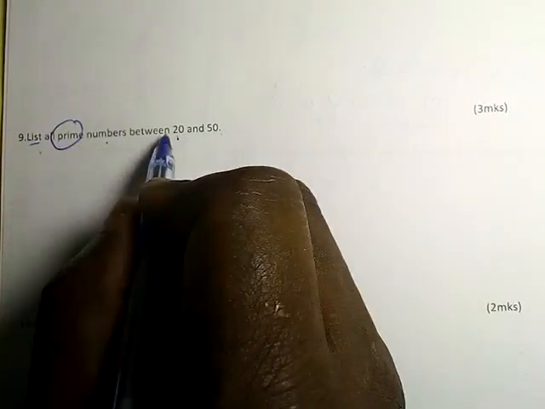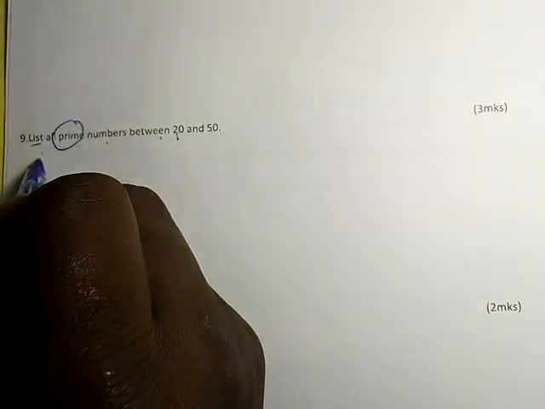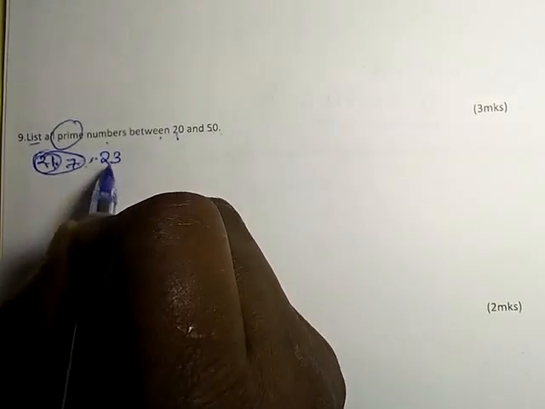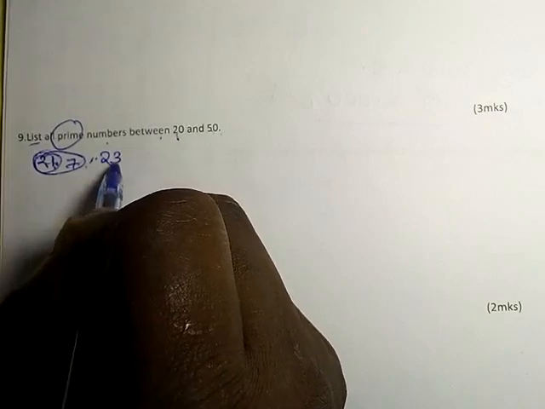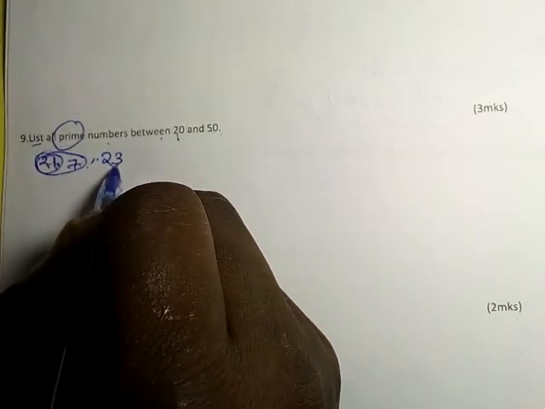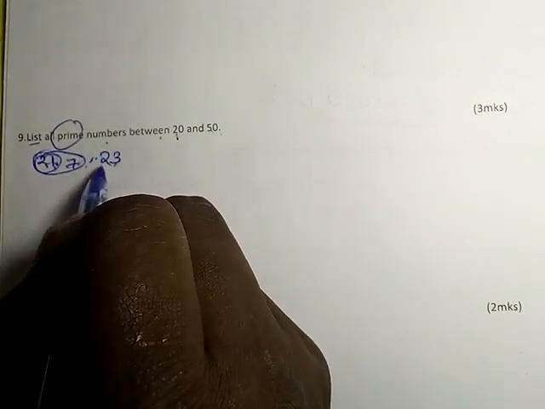So if you give me 21 between 20 and 50, 21 cannot be a prime number. Why? 21 divided by 7 is 3, 21 divided by 3 is 7, and 21 divided by 21 is 1. So that one does not qualify to be a prime number. A prime number is a number like 23. The only numbers 23 can divide by are 23 and 1, and there's no other number you can divide with it.